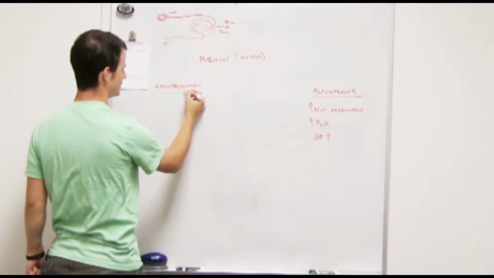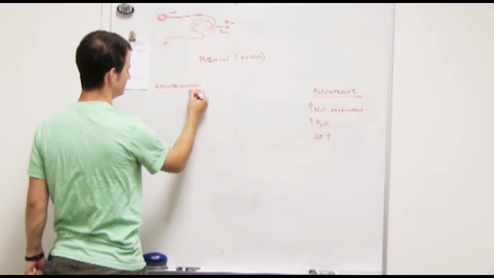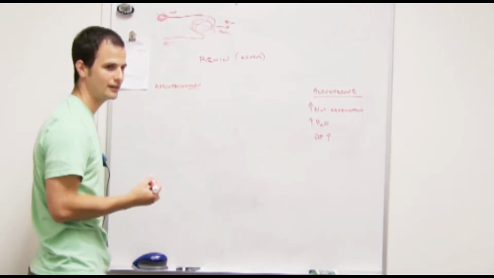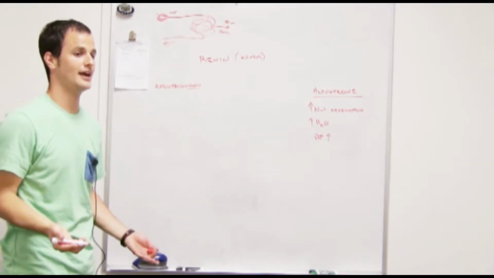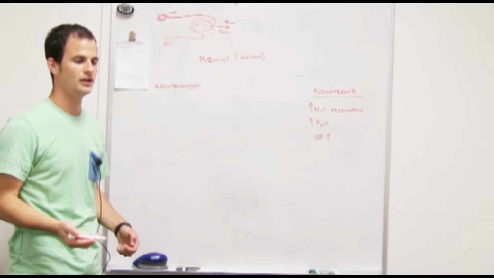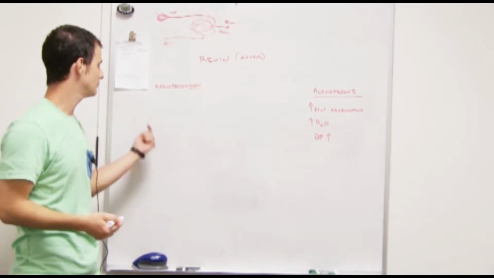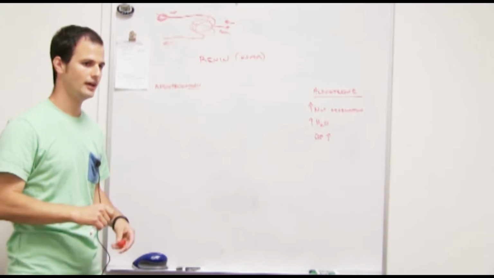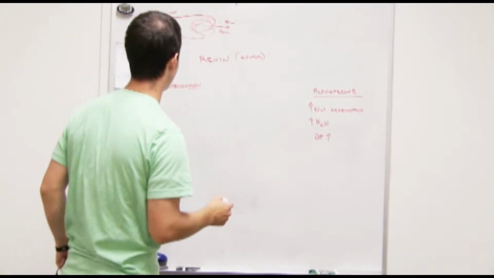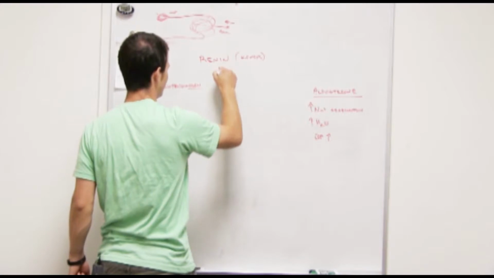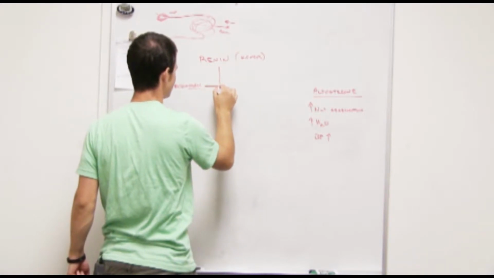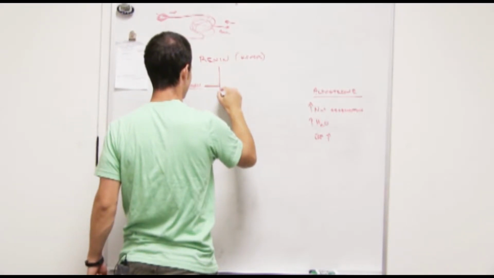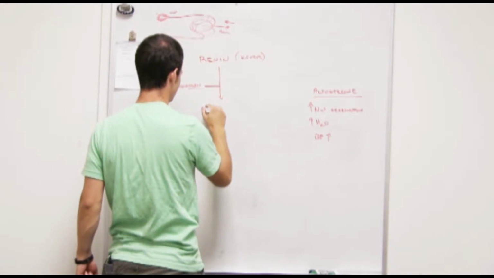When you see this "ogen" at the end, it usually means an inactive form of something. Like in the stomach, pepsinogen is the inactive form of pepsin. When renin and angiotensinogen combine, they produce angiotensin I.